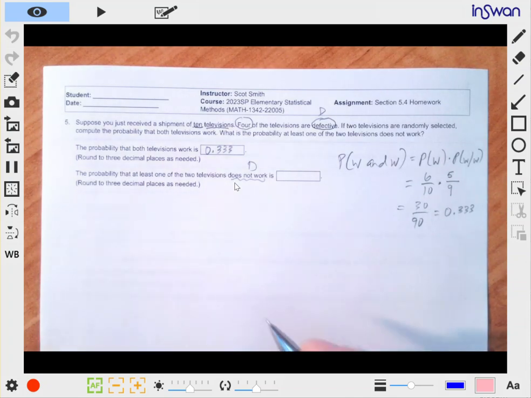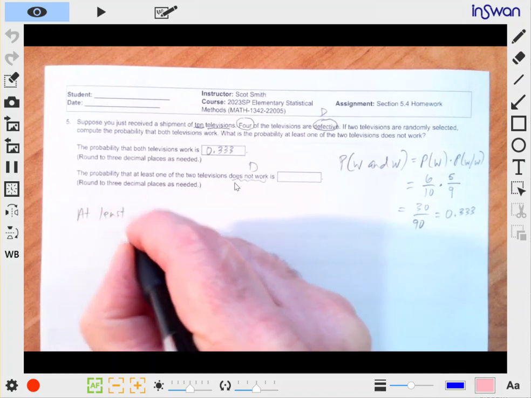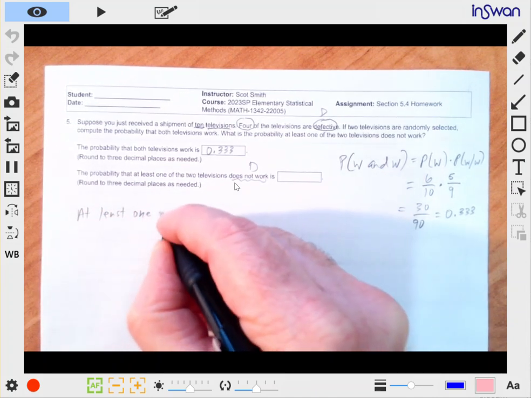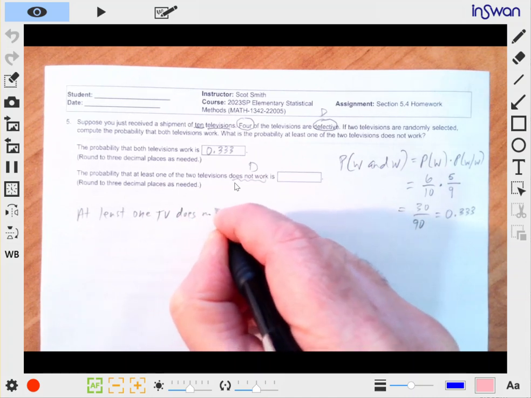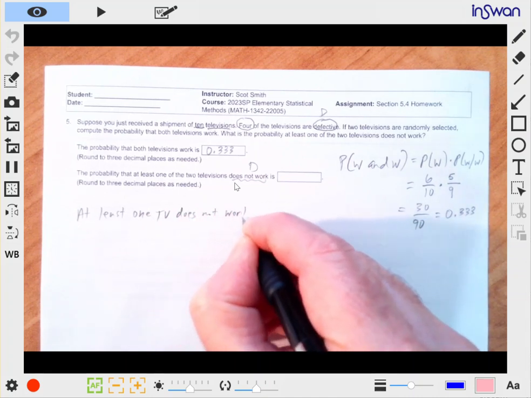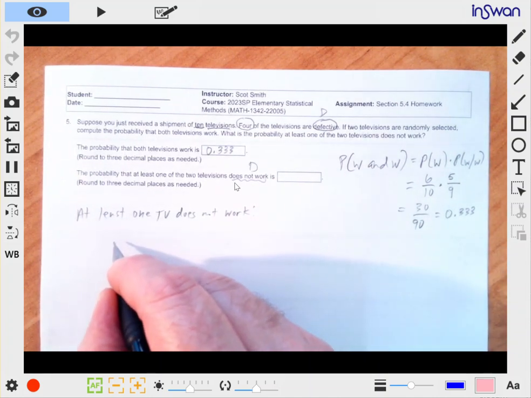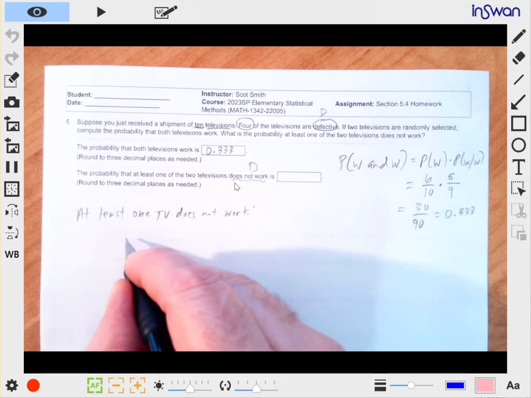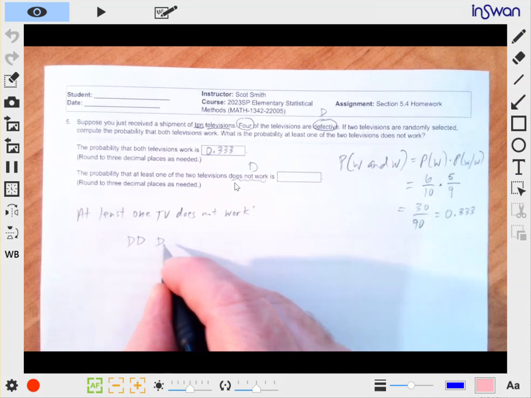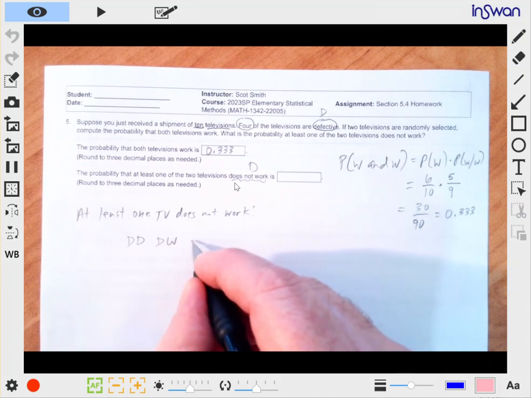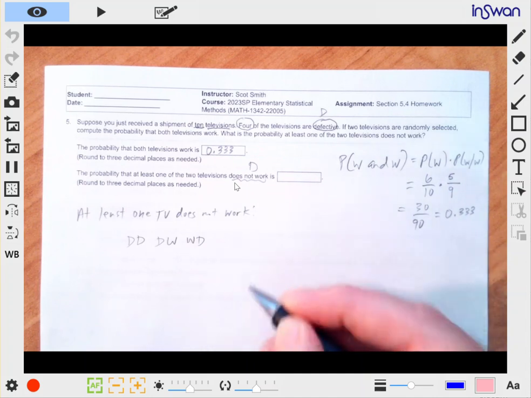All right, so we want to find the probability that at least one TV does not work. Well, there's 3 cases where at least one does not work. We could have 2 that are defective. We could have a defective and one that works. The first TV could be one that works, and the second one could be defective.